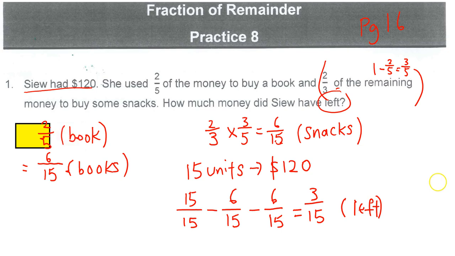Okay, now again, 3 units is what is left and 3 units is what you need to find. If you know 15 units is 120, work your way to find how much 3 units would be. And that will give you your answer.